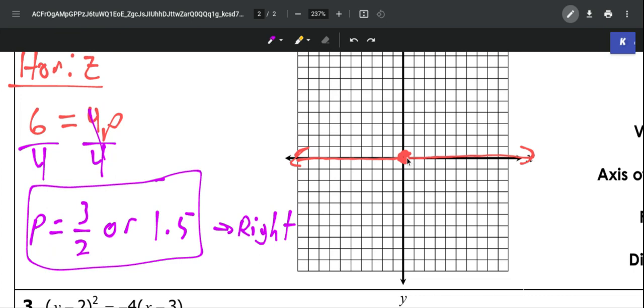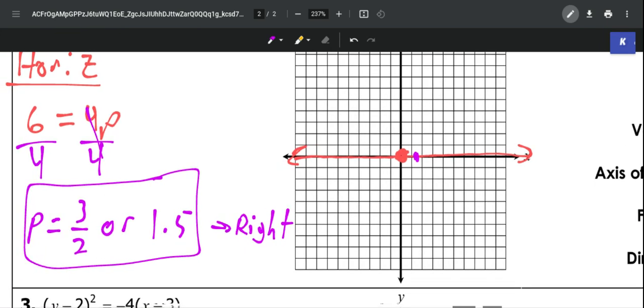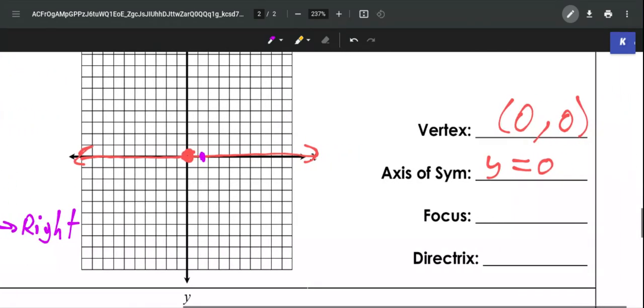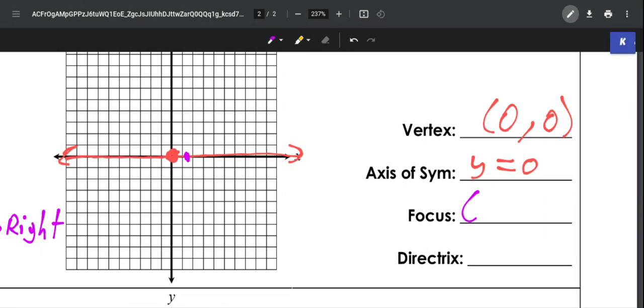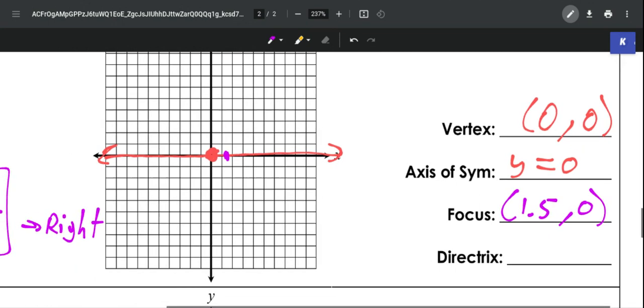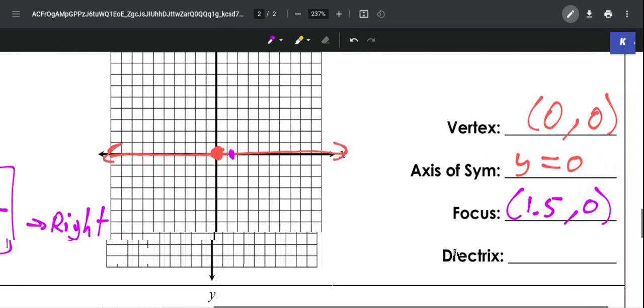So I'm going to start at the center and move over 1.5, which is right about there. And that point, that ordered pair, is going to be my focus. So that ordered pair would be at 1.5, 0, or you could say 3 over 2. But I'm going to leave it as a decimal because I like decimals better.